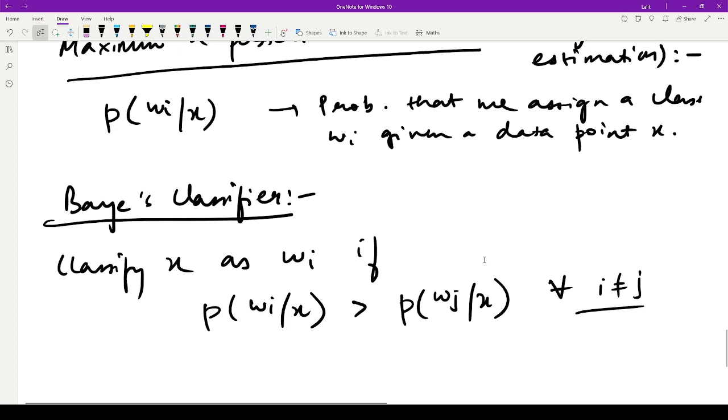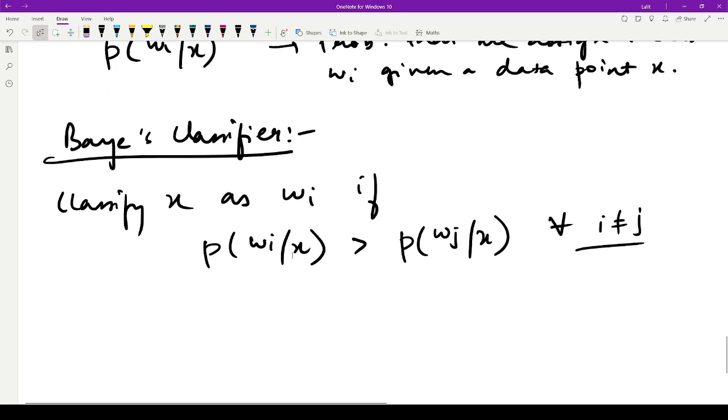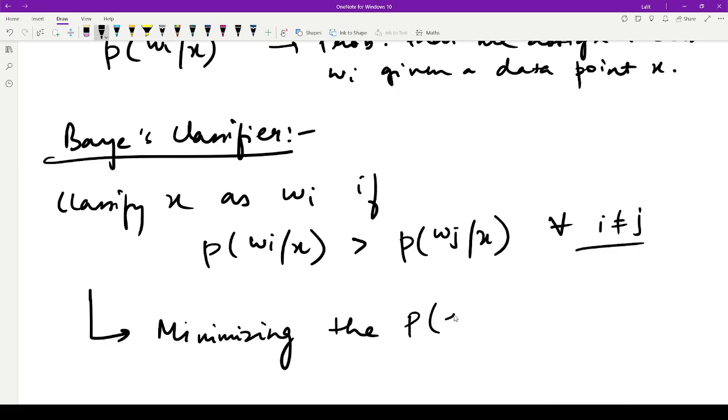Is this statement clear? If your posterior probability for the given class is higher than for all other classes, then you just assign the point x to class Wi. That's what the Bayesian classifier is, and what it is actually doing is minimizing the probability of error.